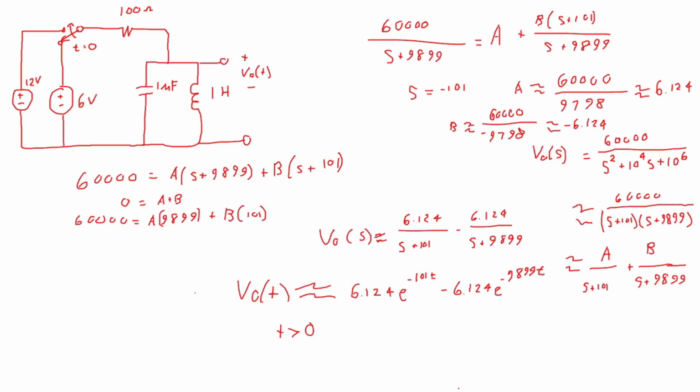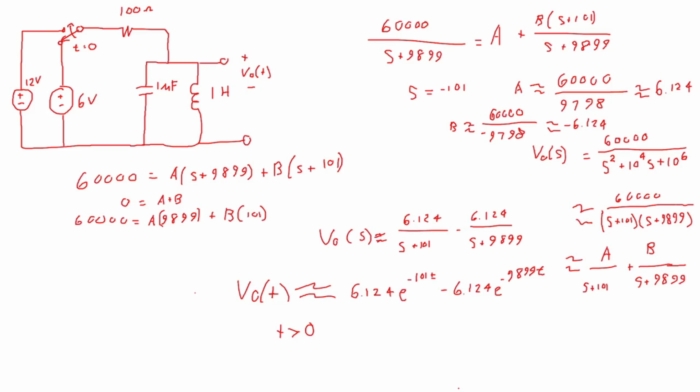Immediately after the switch flips, the inductor refuses to allow its current to change instantaneously. So at that moment, the current in the inductor is still 60 milliamps, but with the voltage at 0, which the capacitor insists on, right?